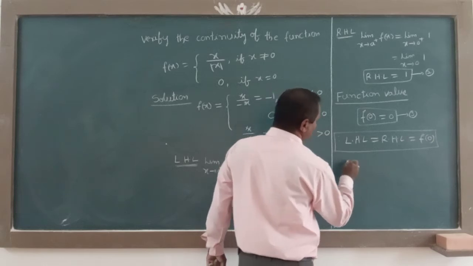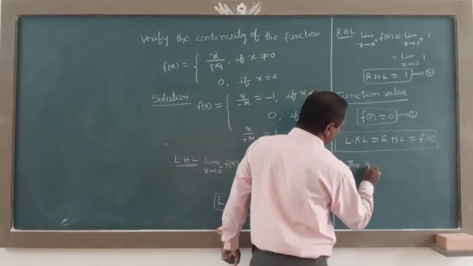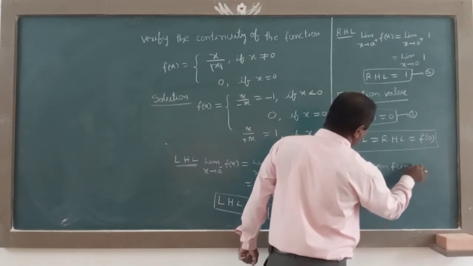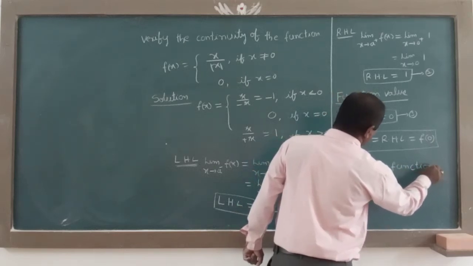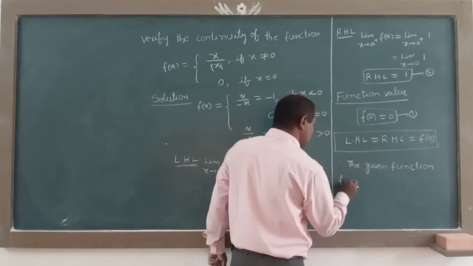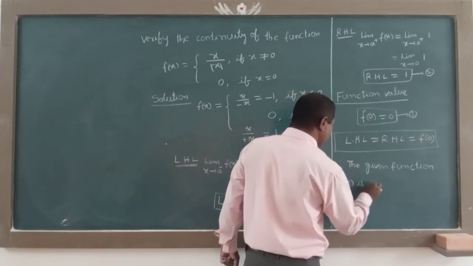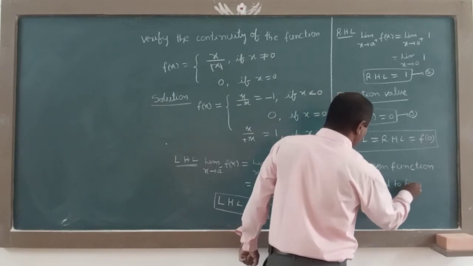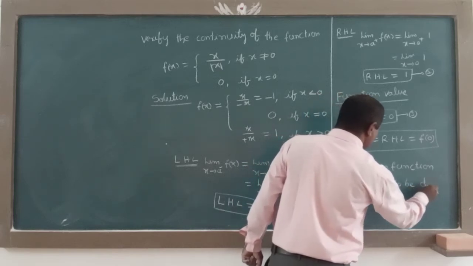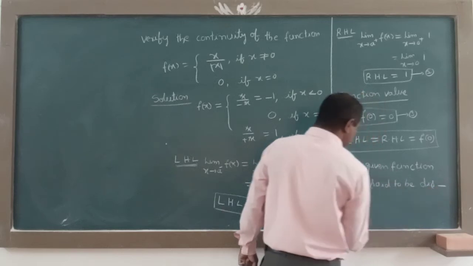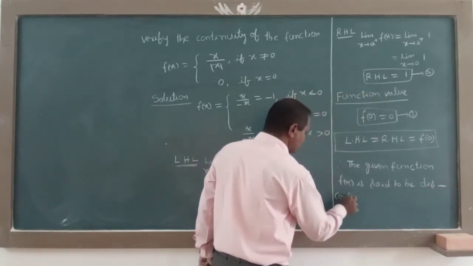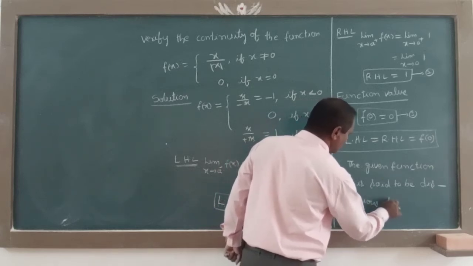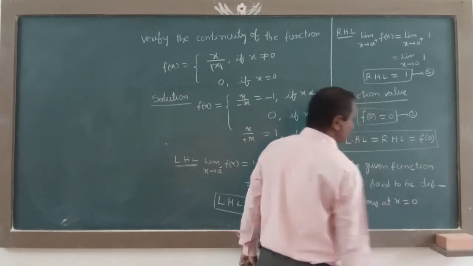Therefore the given function f of x is said to be discontinuous at x is equal to 0.